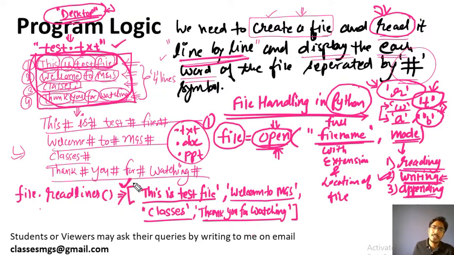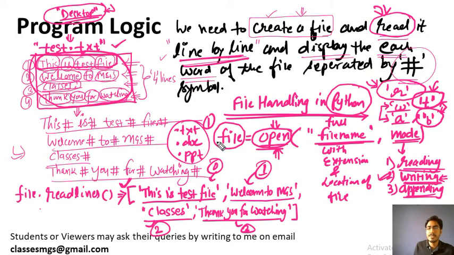This will be a list object, and each index of this list object, this is the 0 index, this is the 1 index, this is the 2 index, this is the third index. Each index of the list will represent a line in the file. Let's suppose the file has 100 lines, then it will return 100 elements in the list.